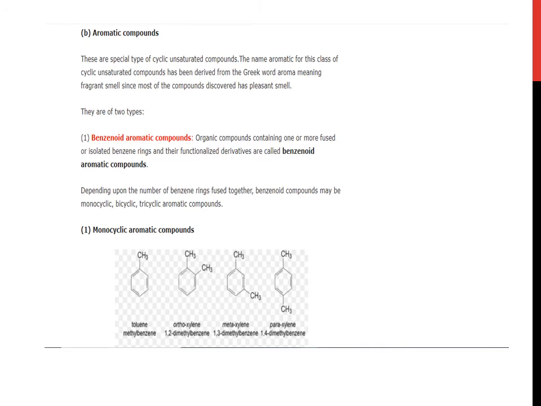Aromatic compounds. These are a special type of cyclic unsaturated compounds. The name aromatic for this class has been derived from the Greek word aroma, meaning fragrant smell, since most of the compounds discovered had a pleasant smell. They are of two types.